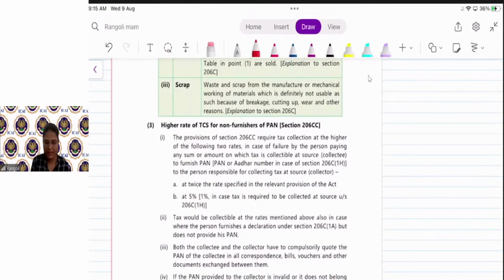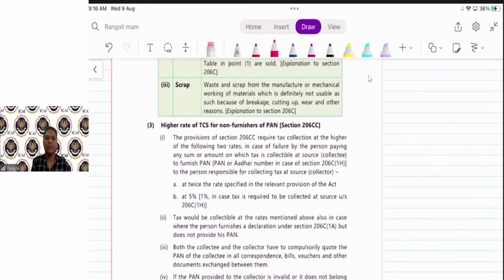Please reply yes or no. I made one chart for 194Q that is applicable to the buyer, and 206C(1H) that is applicable to the seller. We have already discussed this provision in detail in the previous lecture.